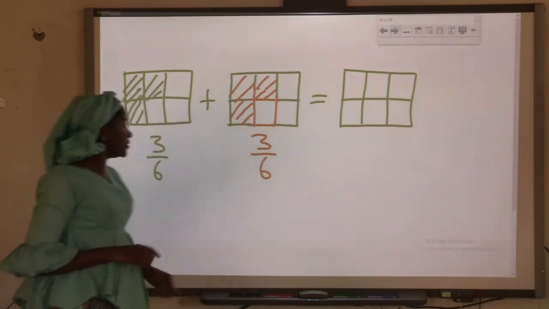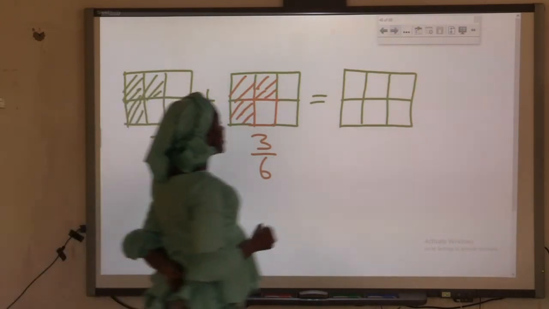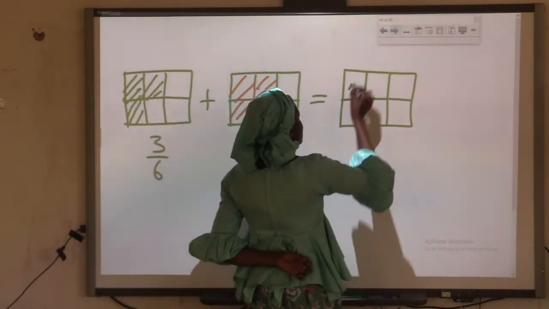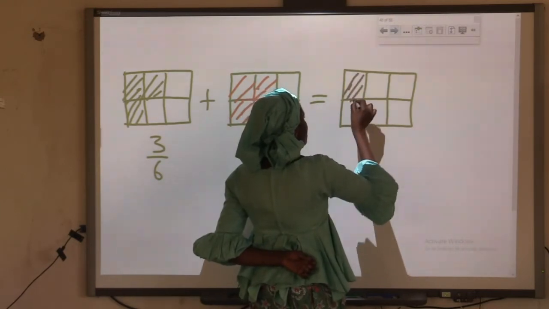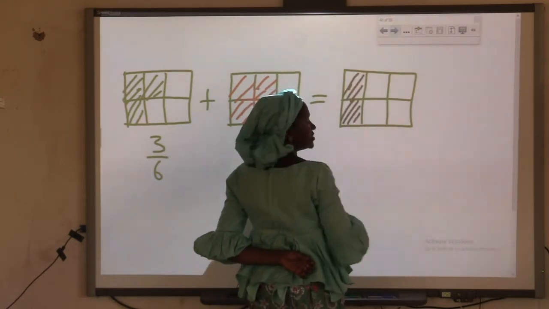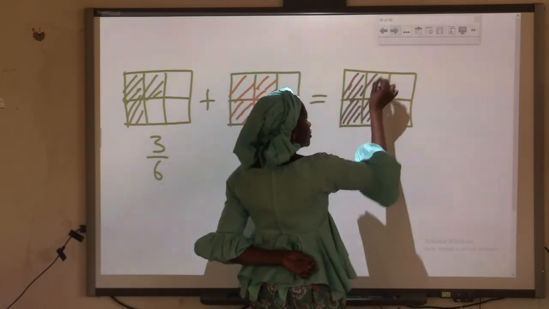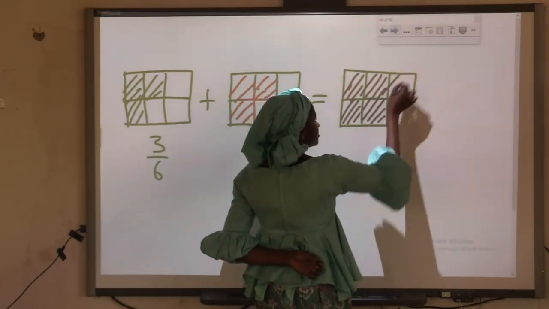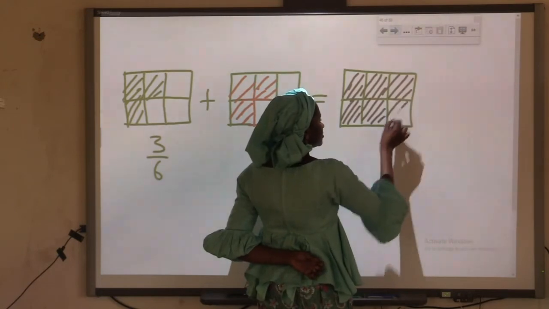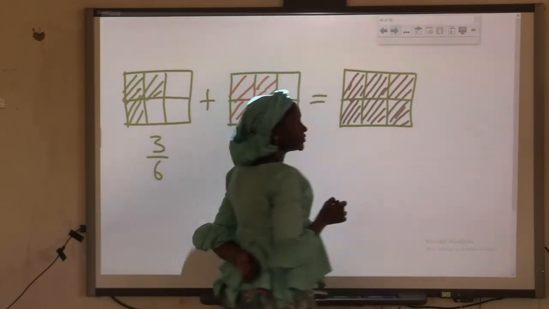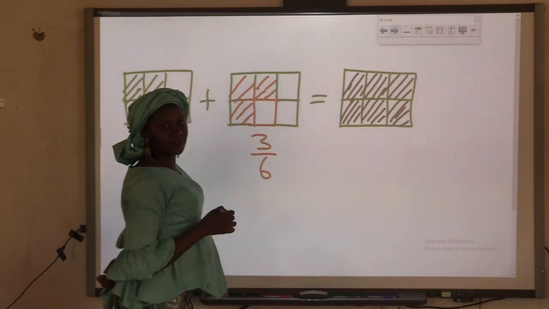So to show that, our answer should be this is the first 3/6 plus the second 3/6. Who can tell me what that is?